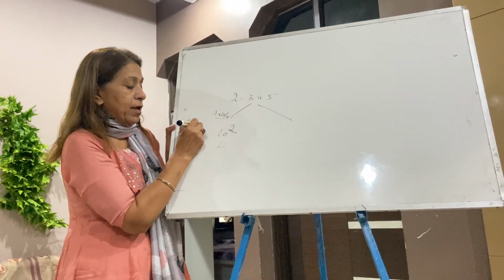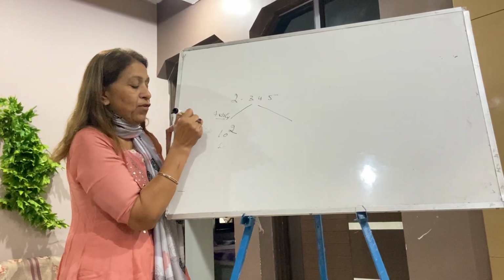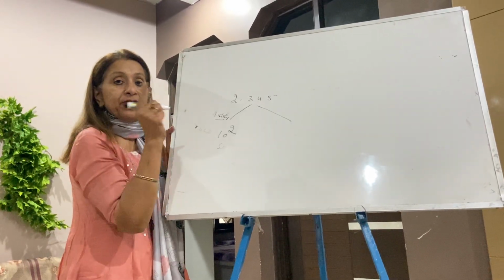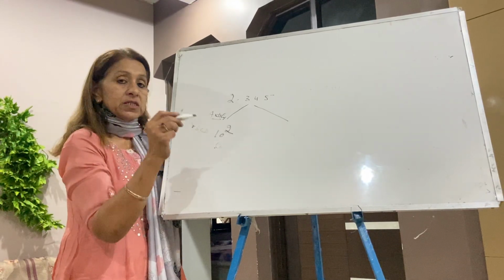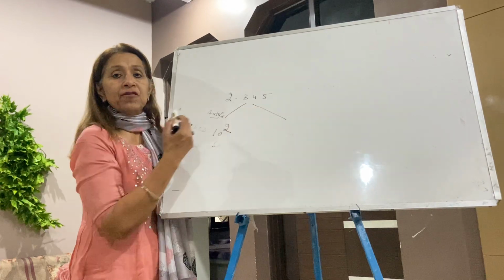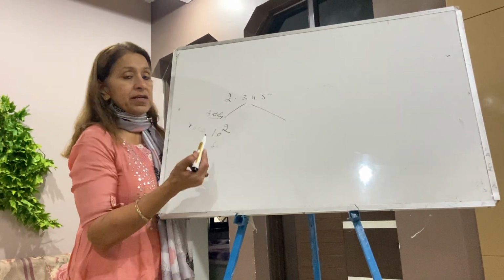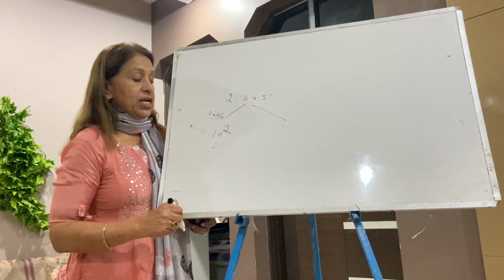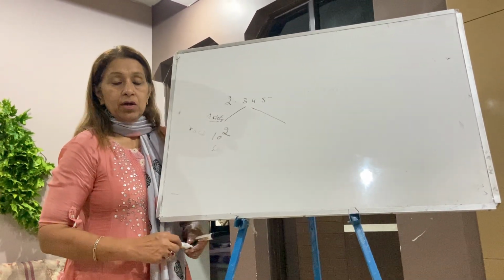I am writing A, B, C, D. Always put the decimal after one figure. This is A point B, C, D. So you check the anti-log of 0.34 in the 5th column. Whatever it is, let it be ABCD. So the answer is A point BCD into 10 raised to power 2. I think it is clear now.